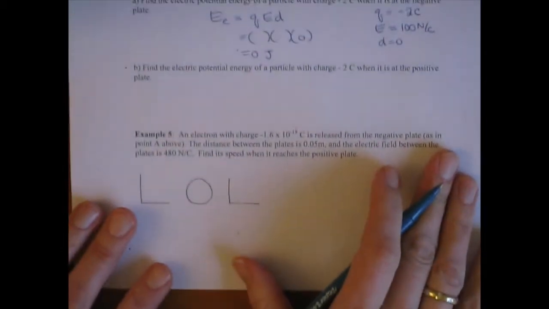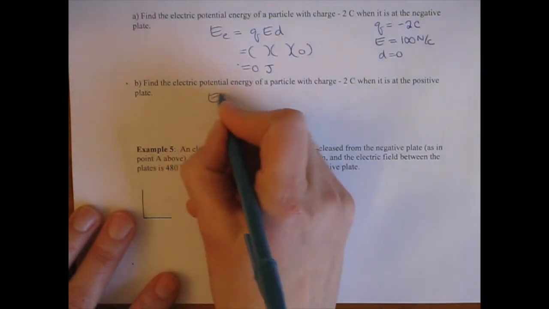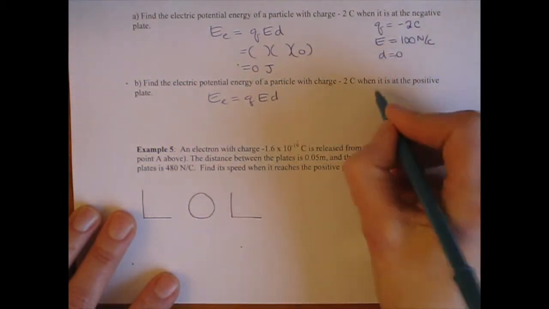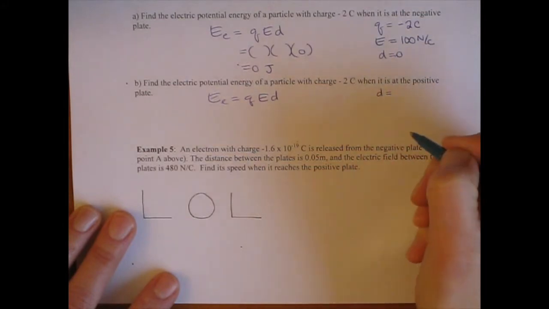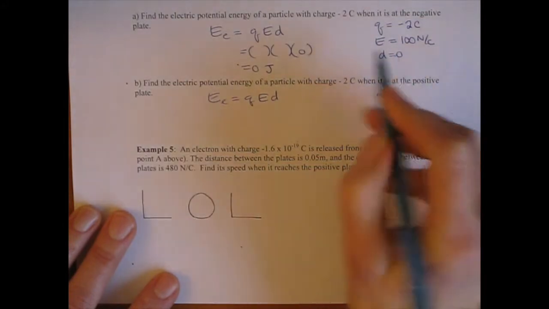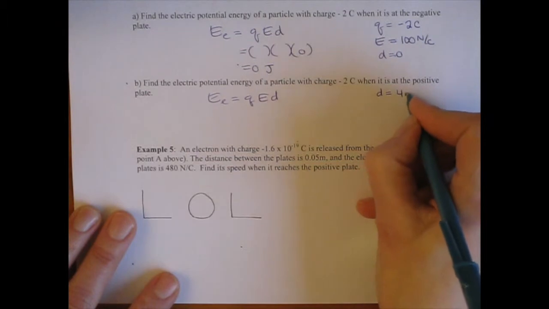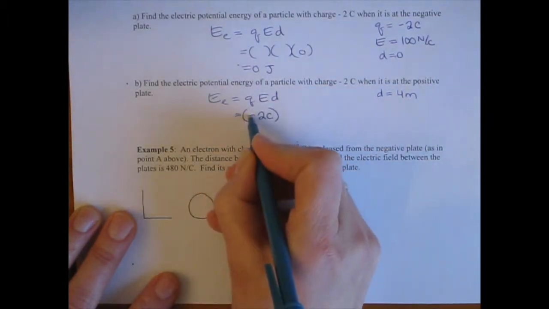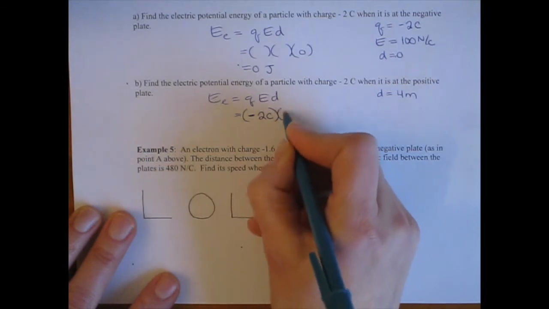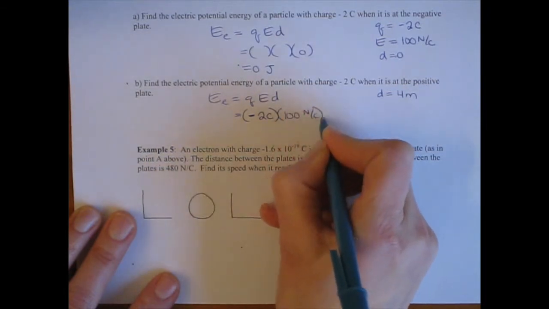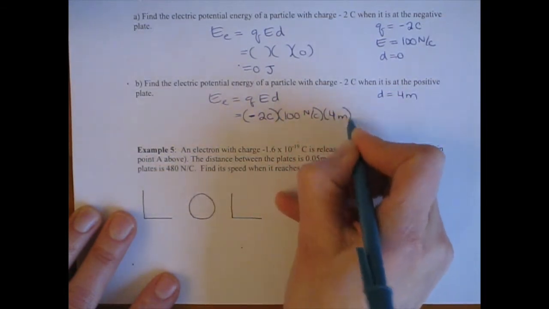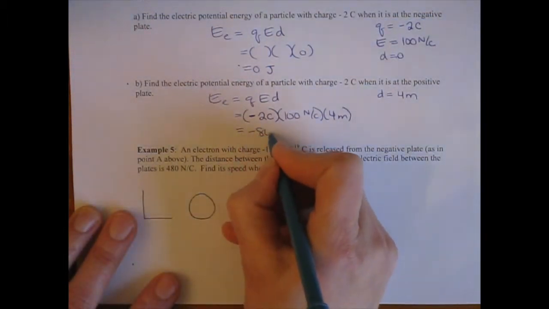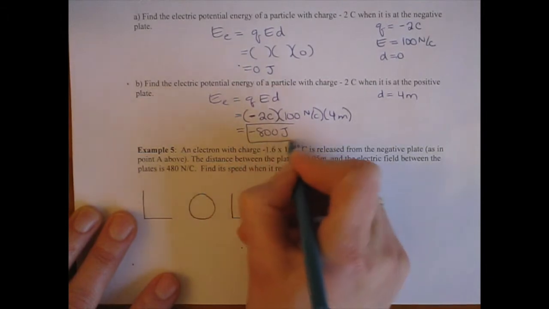Now what about when it's at the positive plate? The only thing that's going to change now is that the position will be however far apart the plates are, 4 meters. So the charge is -2 coulombs. Make sure you put in that negative sign. The electric field is 100, and the position is 4, and that gives us -800 joules.